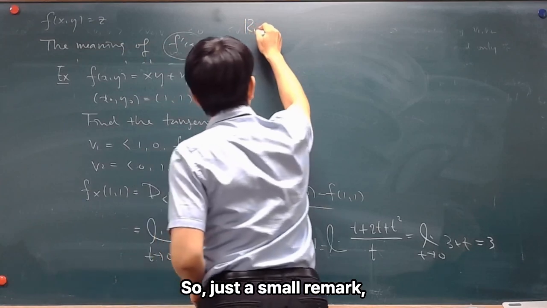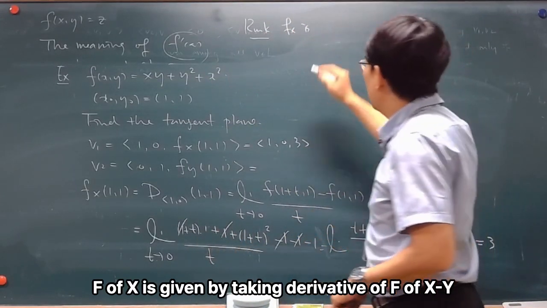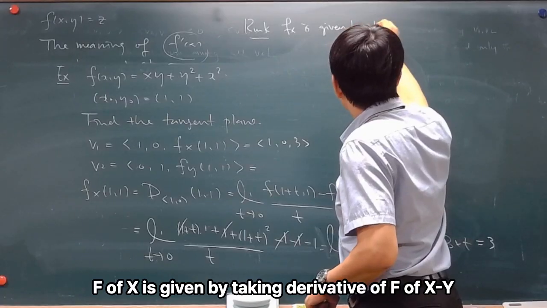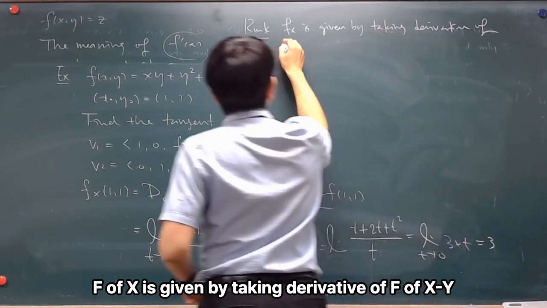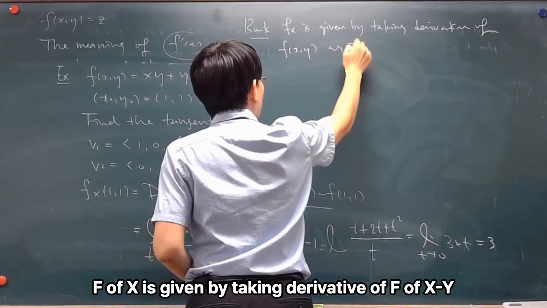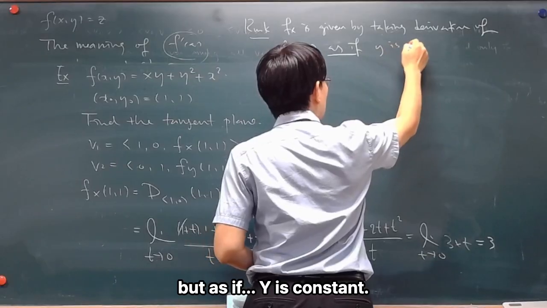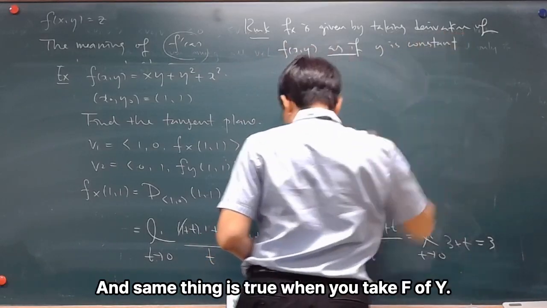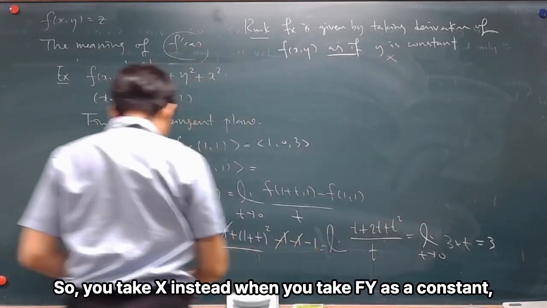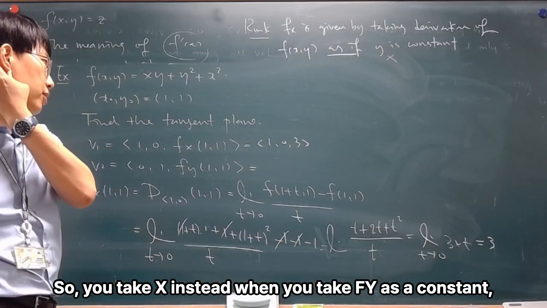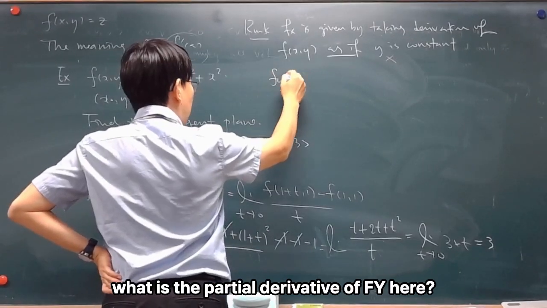So just a small remark: the partial derivative f of x is given by taking the derivative of f of x, y as if, not true, but as if y is constant. And the same thing is true when you take f of y. So you take x as if it's a constant when you take fy. So for example, what is the partial derivative fy here?